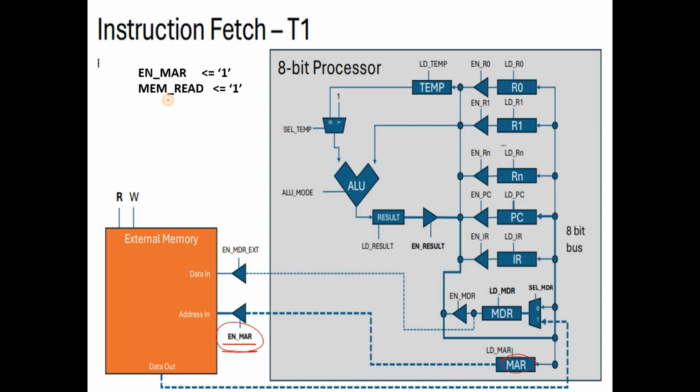So memory read, and then we are loading the MDR, because we just read the memory address of the PC, so we can go ahead and store it into MDR.